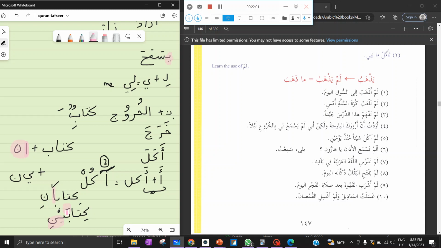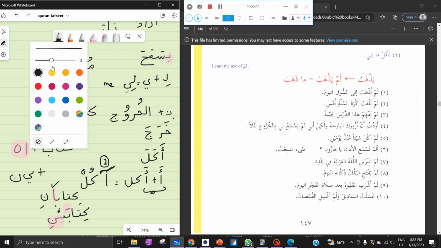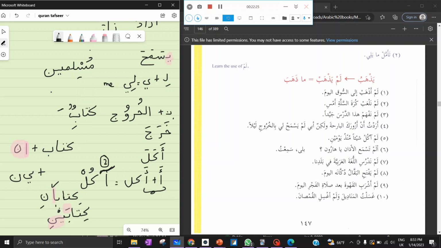Why I'm stressing on this point is because whenever you come across the jama muzakkar salim in mansoob and majroor, for example muslimin, you see this ya and noon. Don't get confused that this is the same ya and noon that you see in muthanna. What is the difference here?